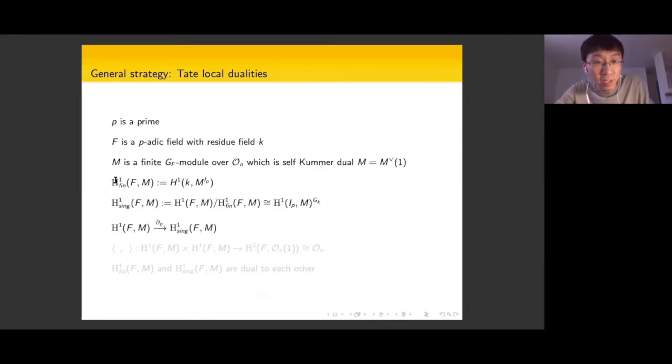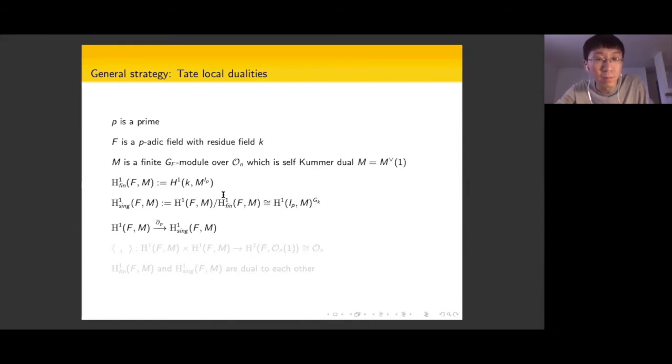Then we can define the finite part as defined before, and the singular quotient of the Galois cohomology of F valued in M as the quotient of the Galois cohomology by its finite part.